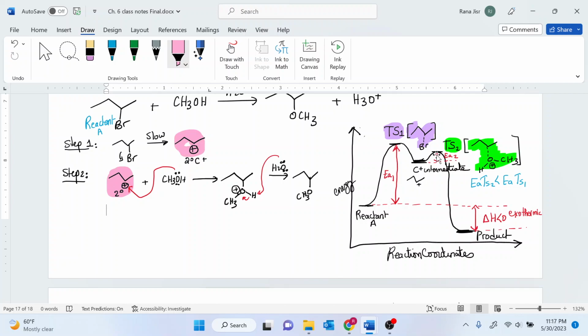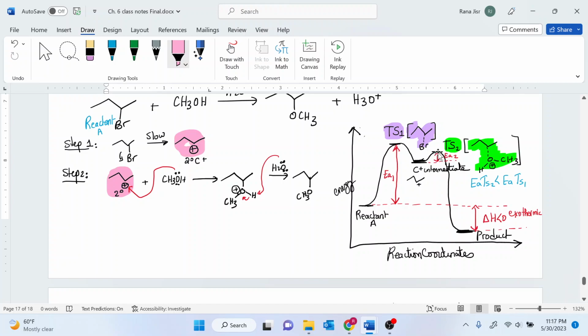Remember that the lower the energy, the more stable the product is. Transition state 2 is lower in energy, and we want it to be lower in energy because we are starting to get to the product.